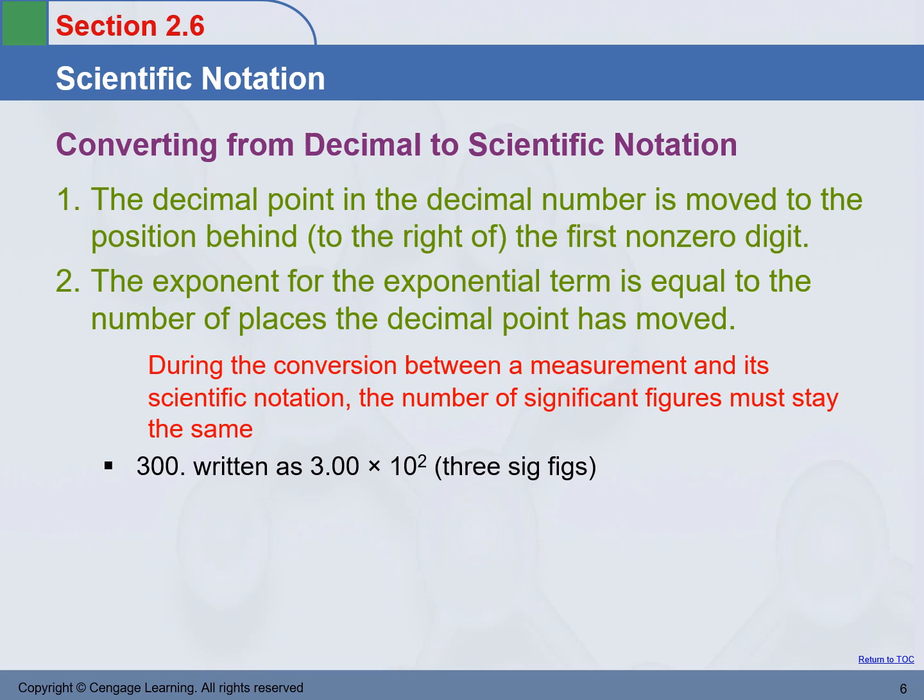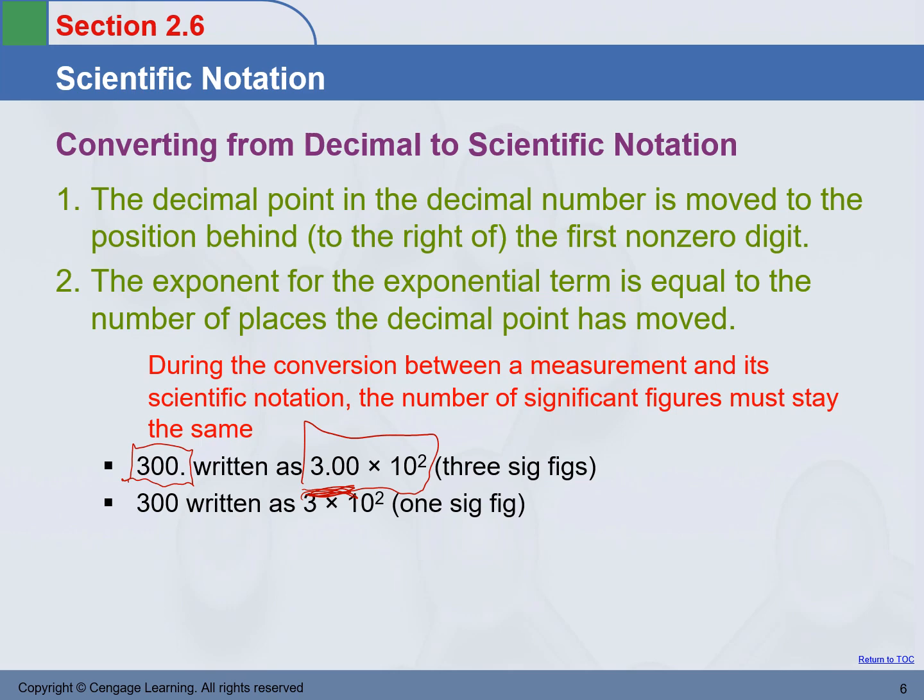Example, data reported as 300 point. Okay, because this number has a decimal, this number has 3 sig figs. So when you convert it into a scientific notation, the coefficient must be 3.00, must have 3 sig figs.